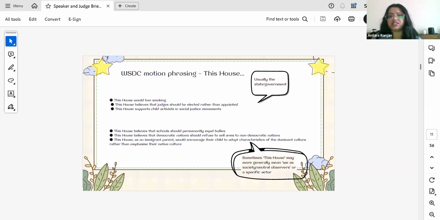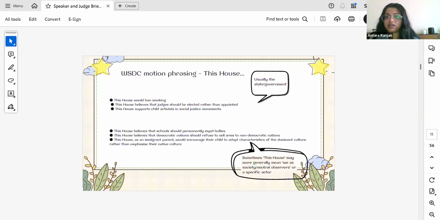The second type of debates are a lot more neutral. They have to do with societal judgment, and a lot more with opinions than with a policy being implemented. This house would ban smoking doesn't talk about whether smoking is good or bad. It talks about whether we should ban it or let people smoke in public places.